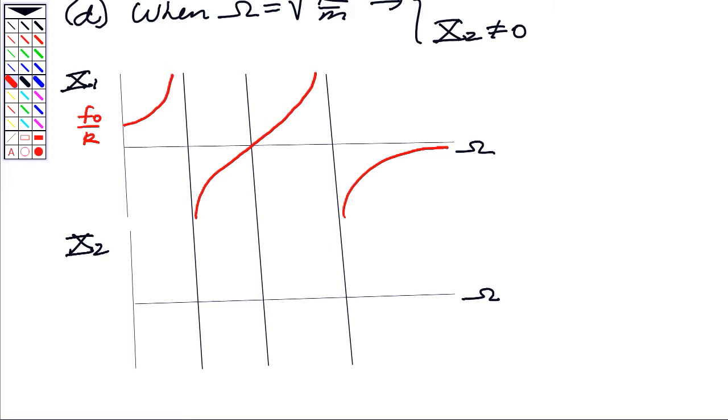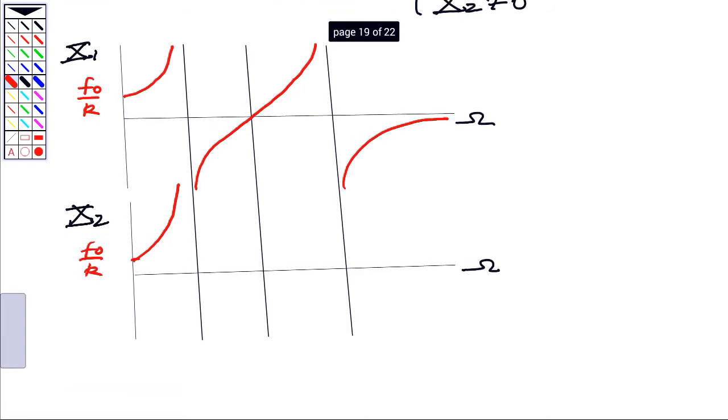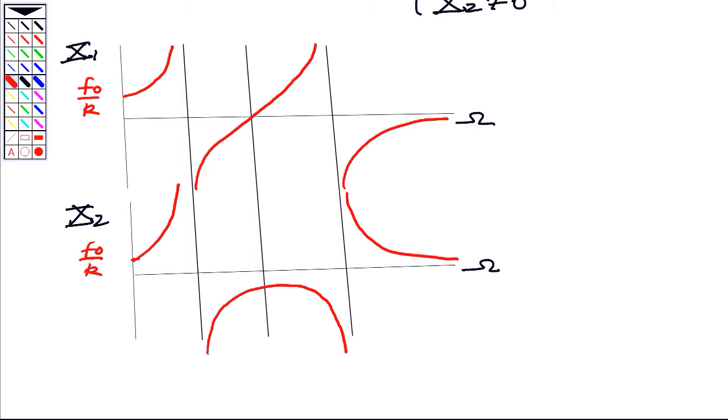We see that from the equation. x2 also starts out at f0 over k. It has a resonance here at omega 1. It comes up from the bottom, but please note that it doesn't cross. It actually comes back down like this, and then this curve then comes in from the top. It approaches a 0 there on the right-hand side from the plus sign.